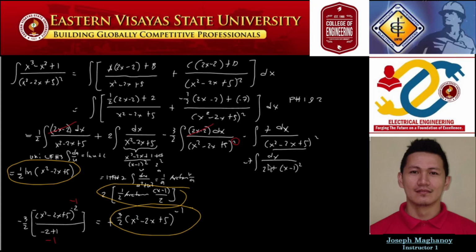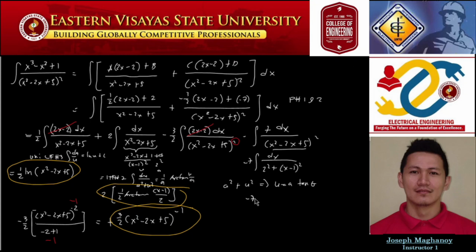So we apply our trigonometric substitution. Recall that a squared plus u squared can be written as u equals a tangent theta. So we replace our denominator with our trigonometric substitution.